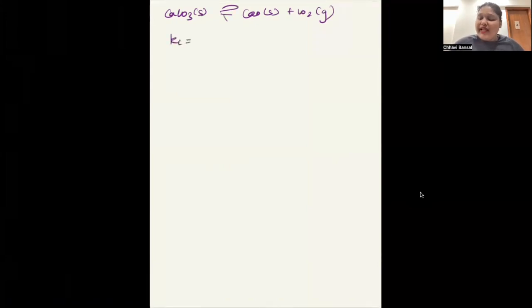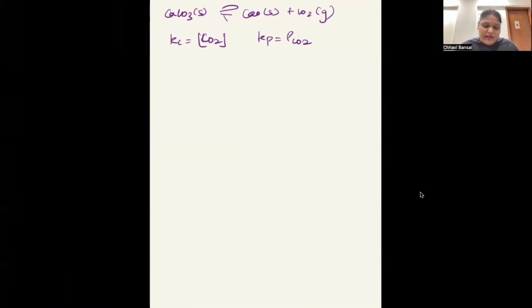So the value of Kc will be the concentration of CO2. And the value of Kp will be the partial pressure of CO2 only. Why? Because the other components are in the solid state, and we do not consider the concentration of the solid state while calculating the equilibrium constant.